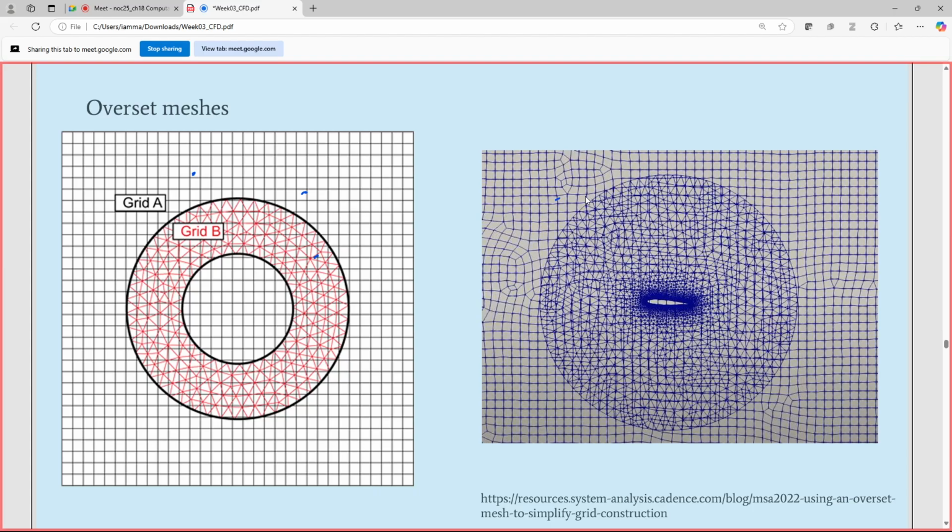Here, if you see another example, an establishment of one profile, a NACA profile, or some kind of aerodynamic foil shape. So these kinds of meshes where one mesh is set over another mesh are called overset meshes.